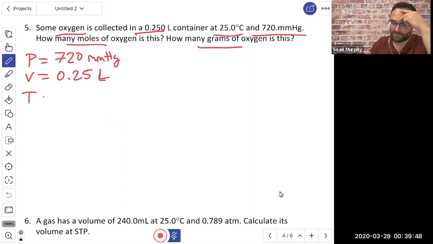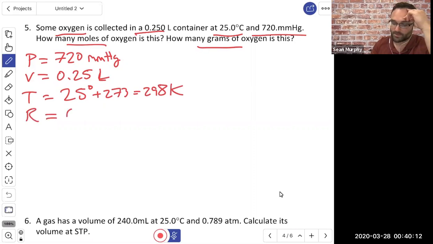Temperature needs to get fixed because currently it's at 25 degrees C. Remember, Kelvin is always 273 degrees more, so we need to add 273 to that, which would be 298 Kelvin. That's all fixed. We're going to use atmosphere, so we're going to use 0.0821. And then what we're looking for is our number of moles.